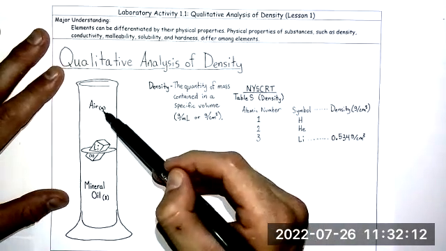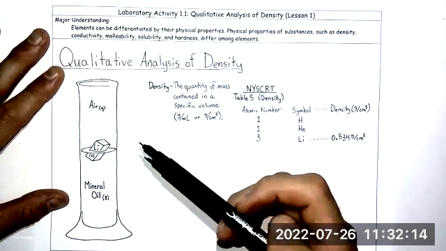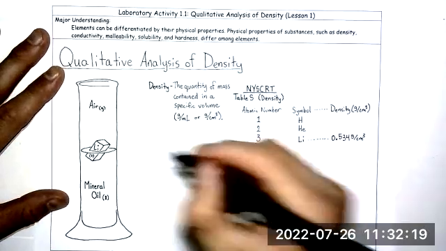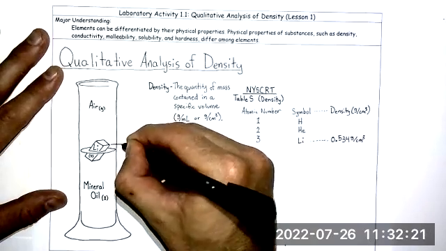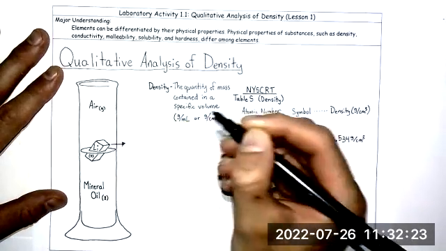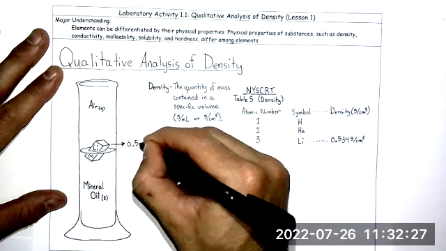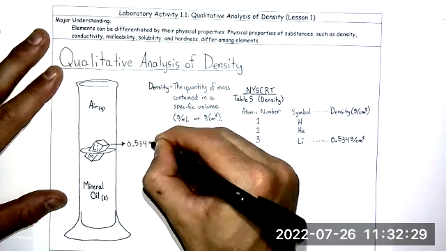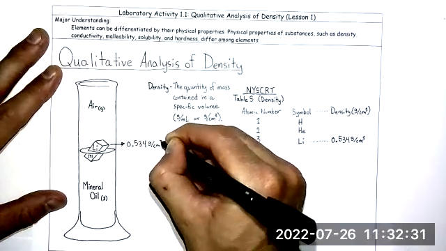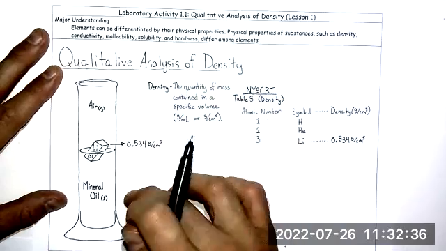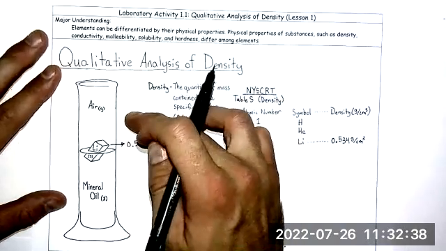And then we have air, which is in the gaseous state, represented by a lowercase g in parentheses. So we know that our density for lithium, according to table S, is 0.534 grams over centimeters cubed. And now we can use that information to determine the relative density of both mineral oil and air.